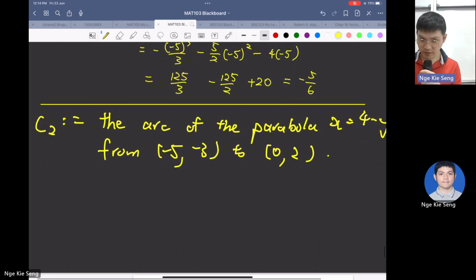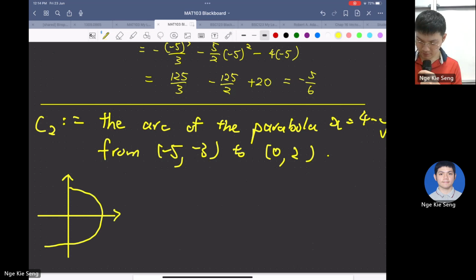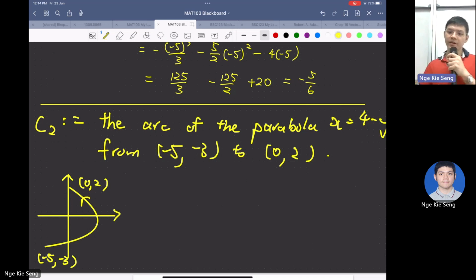So what's this curve here? Let's draw out the curve. The curve looks something like this, from (-5, -3) to (0, 2).